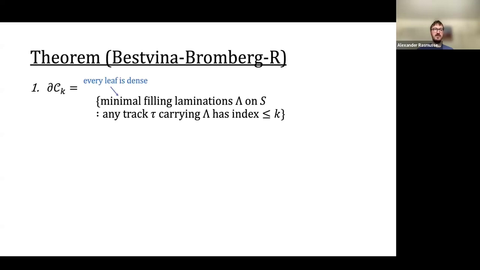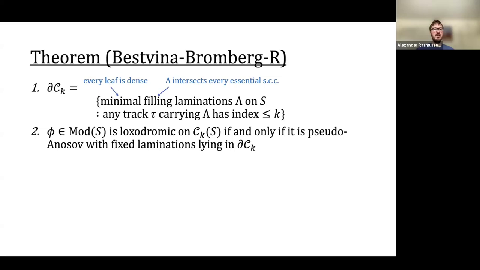Minimal means every leaf is dense. Filling means the lamination intersects every essential simple closed curve. And a mapping class phi will be loxodromic on this graph exactly if it is pseudo-Anosov with fixed laminations lying in this boundary.